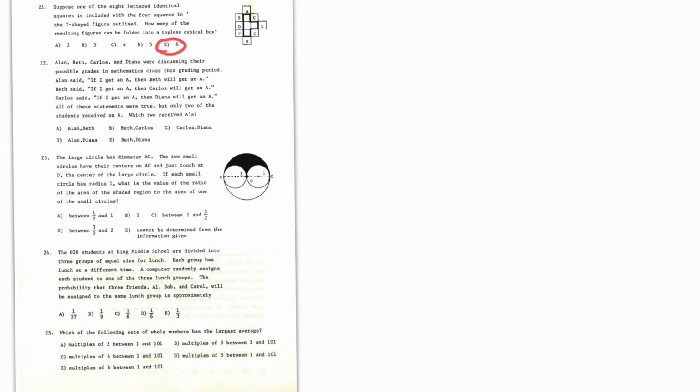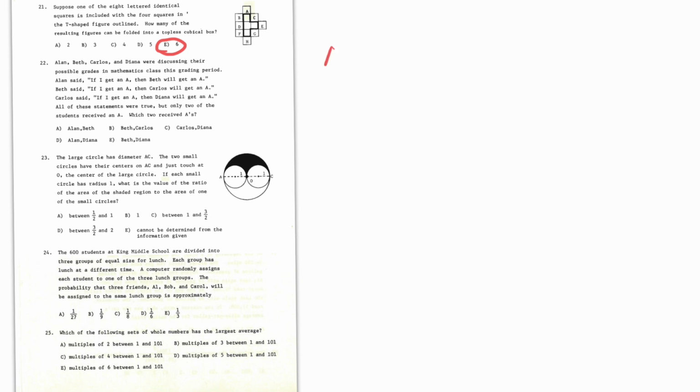Alan said, if I get an A, then Beth will get an A. Beth said, if I get an A, then Carlos will get an A. Carlos said, if I get an A, then Diana will get an A. All of these statements were true, but only 2 of the students received an A. Which 2 received A's?